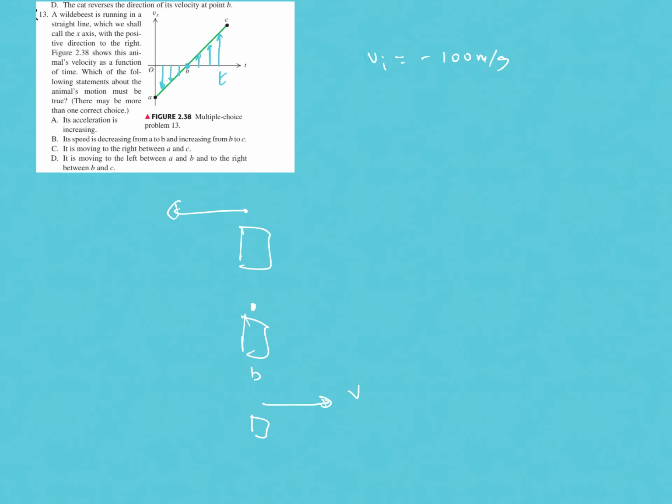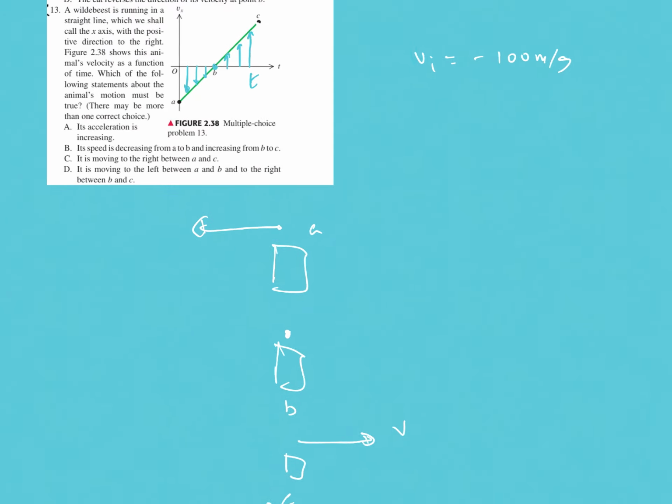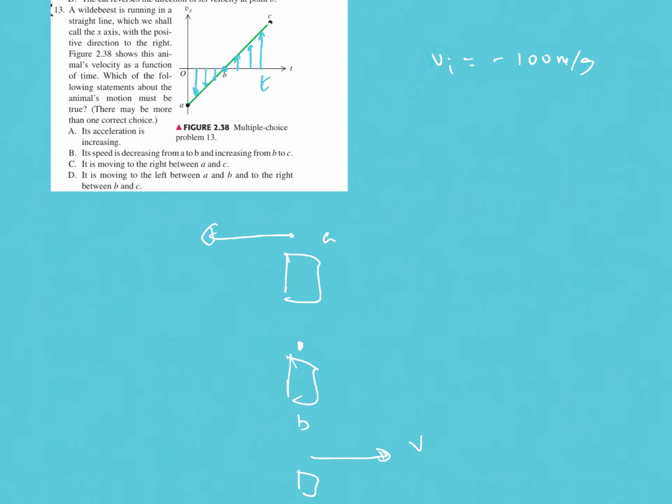So, it is moving to the right between A and C? No. Between A and B it is moving to the left, and between B and C it is moving to the right. So this is the correct answer, D. Okay, let's go to the next question.